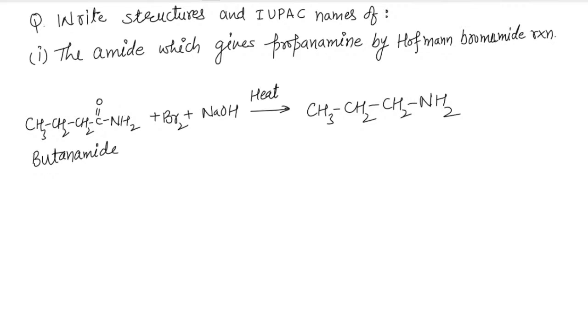It is CH3CH2CH2; this part remains as such, the NH2 part remains as such, and in between them there should be a CO group. 4 NaOH are used, and we finally get this primary amine along with sodium carbonate, sodium bromide, and water. That's it.